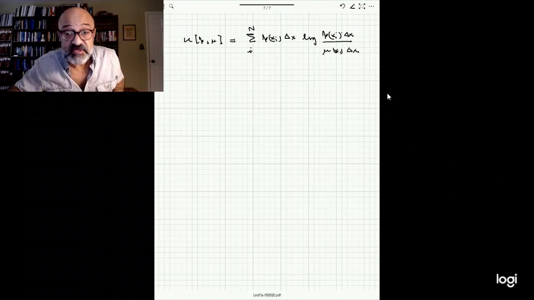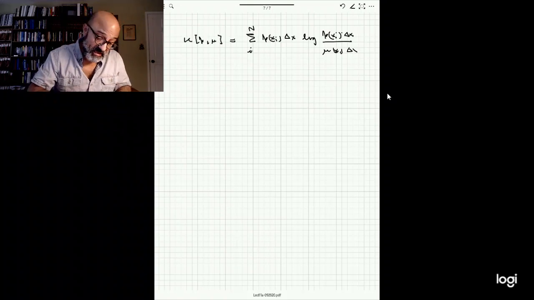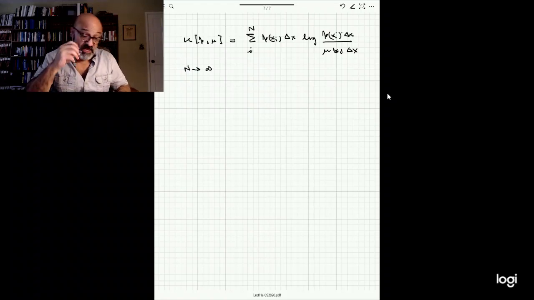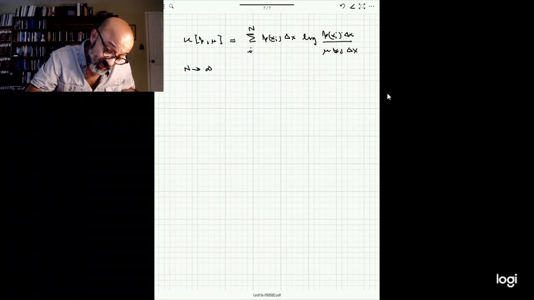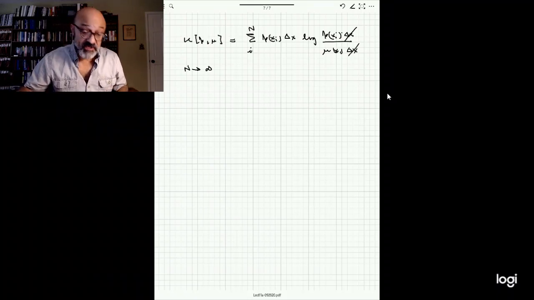So now we see that there is absolutely no problem here in taking the limit n goes to infinity, because this quantity here, which is the one that contained the 1 over n, disappears. They cancel out.